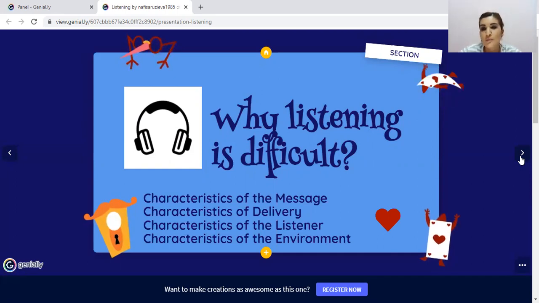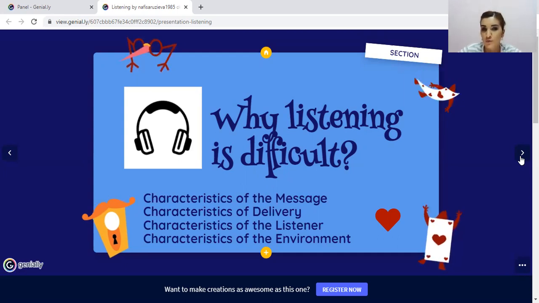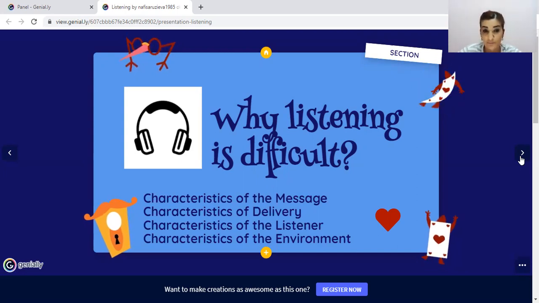For the beginner level, we cannot have listening tasks which have more than 3% of new words. So the limited amount of new words for the beginner level is 3% for the listening task.